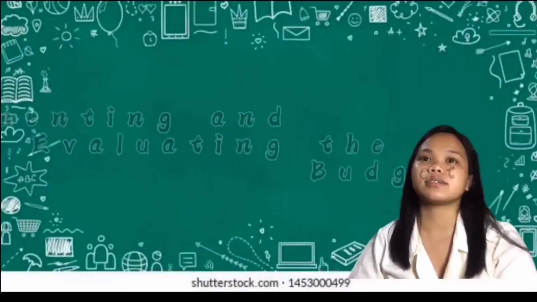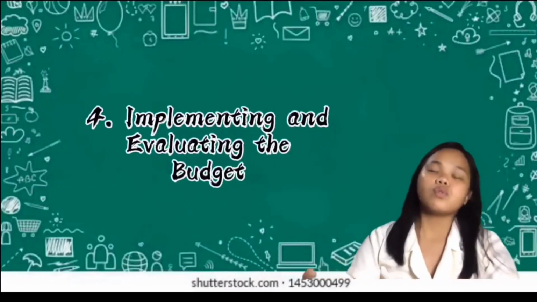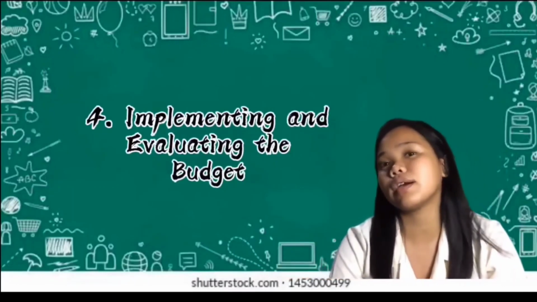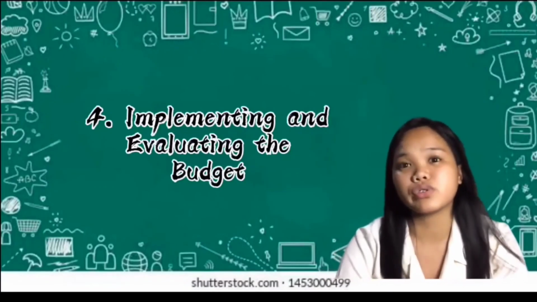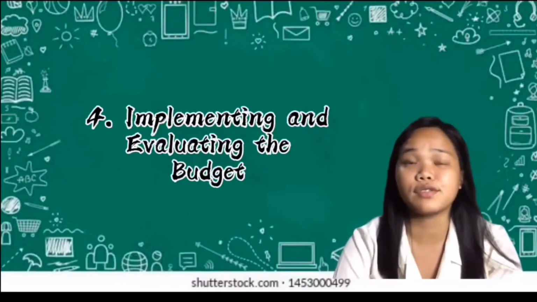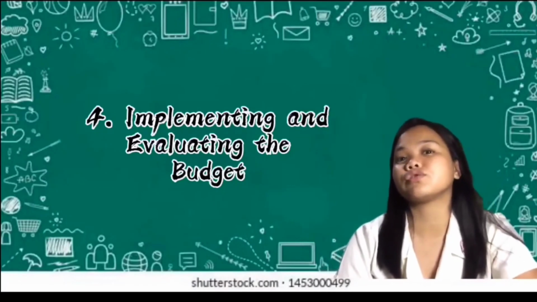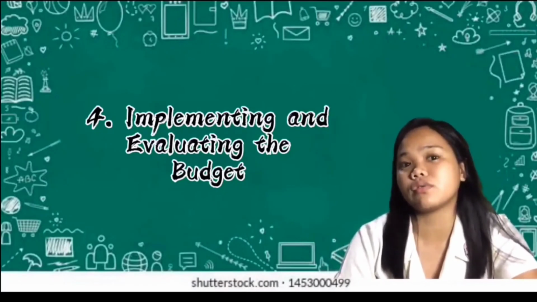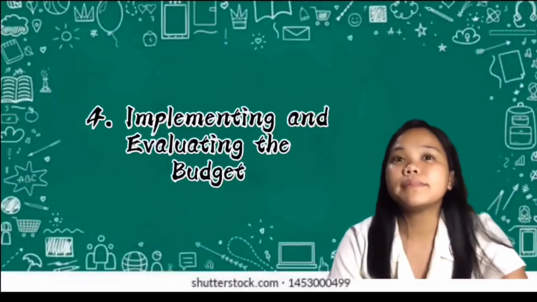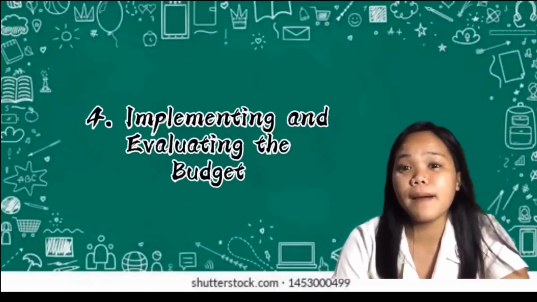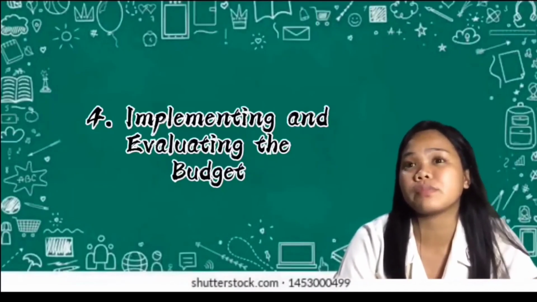And the last step is implementing and evaluating the budget. Before finalizing and approving the budget, it still needs to go under decision with the key individuals within an organization. This is when the budget would undergo constant evaluation to see if the budget allocation was done correctly. Implementing the communication program is one of the critical stages of the retail communication process.